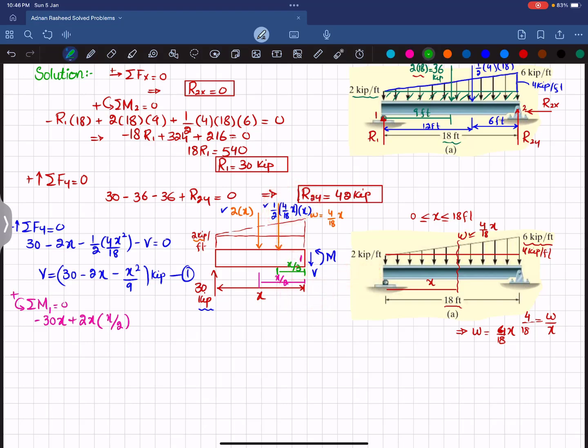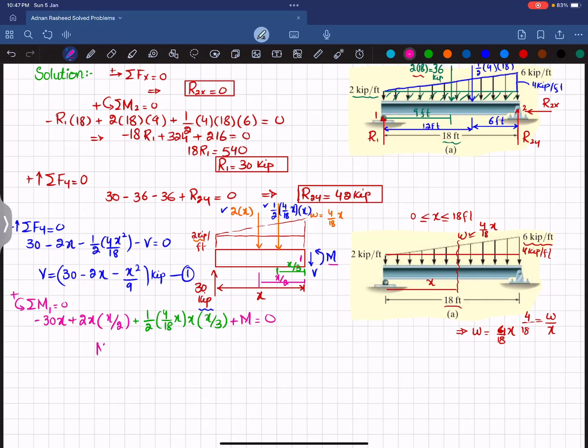So I can write plus 1 over 2 times 4 by 18 times x times x, and the perpendicular distance is x by 3. Okay, we have left one term, which is this moment term. You can see this counterclockwise moment is taken as positive, and their sum must be equal to 0.